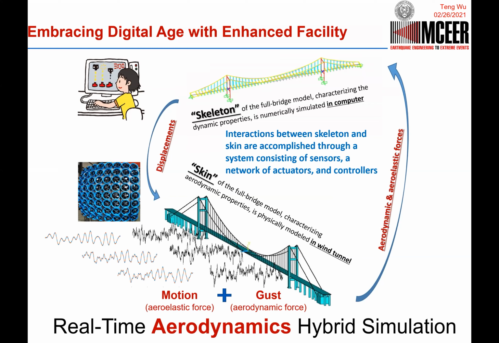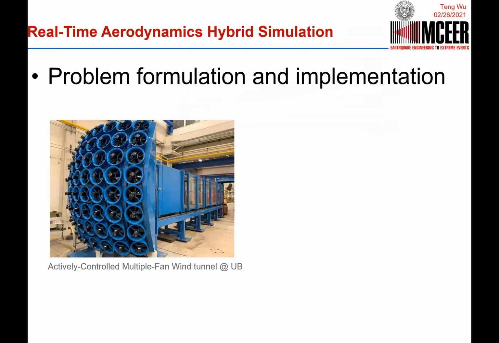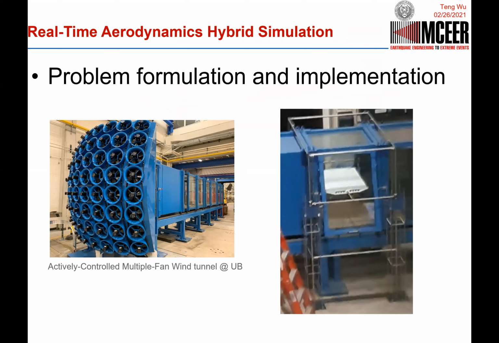So this is why we call it real-time aerodynamics hybrid simulation, because we want to use the word aerodynamics to cover both aeroelastic and aerodynamic considerations. So we want to implement this real-time aerodynamics hybrid simulation in our wind tunnel at UB. And to do this, we have developed a simple but sufficient supporting system to do some experimental work.